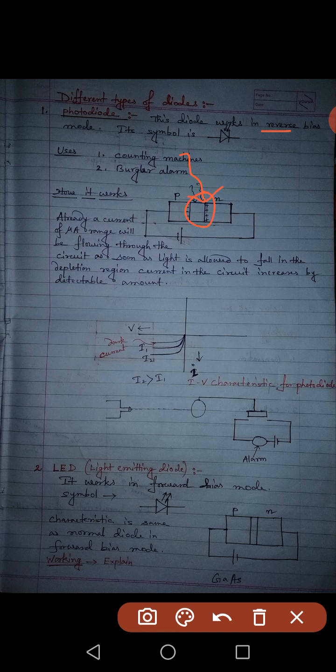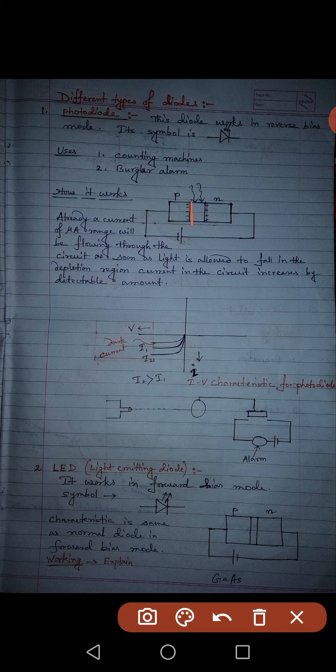and as we know, in the depletion region there is the influence of a fictitious battery, which I already told you about in the p-n junction diode. Towards the p side we have the negative side of the fictitious battery, and towards the n side we have the positive side.